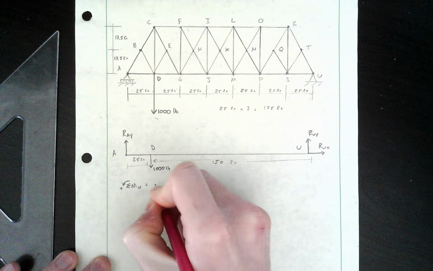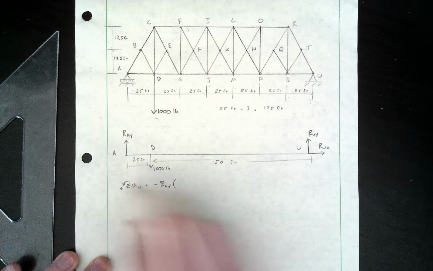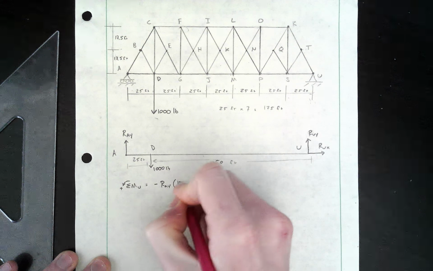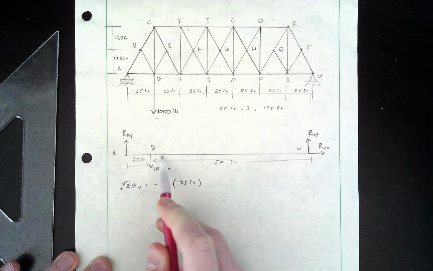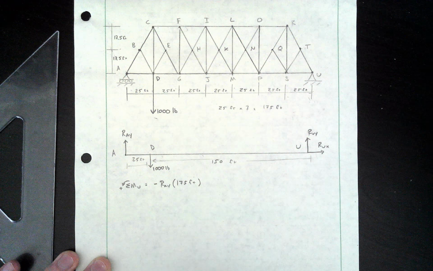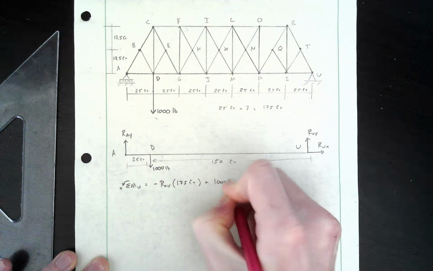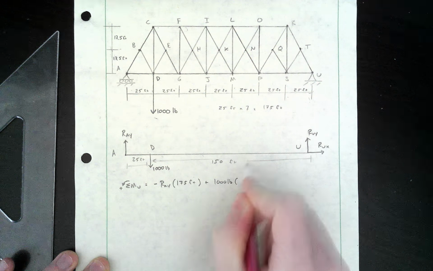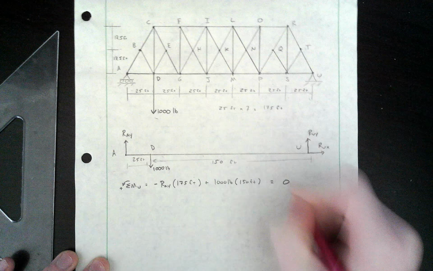So we see RAY is causing a moment about U in the clockwise direction. So we're going to have negative RAY times the distance, which is going to be 175 feet. And then the force at D is causing a moment in the counterclockwise direction, so it's going to be positive. So we'll have the force, which is 1,000 pounds, times the distance to U, which is 150 feet, equal to 0.